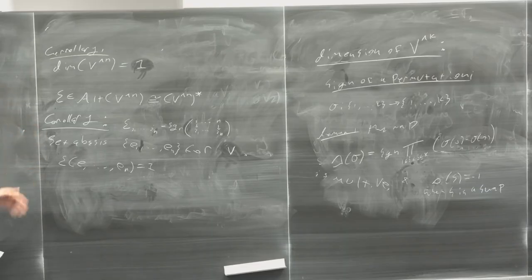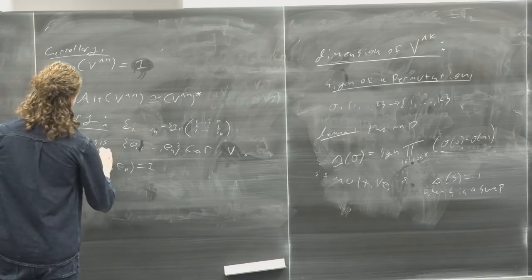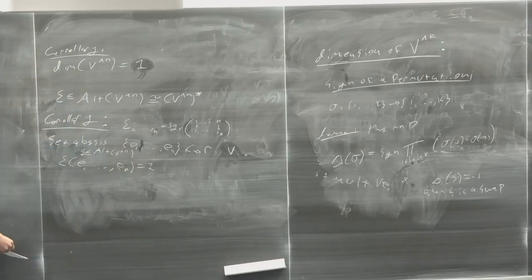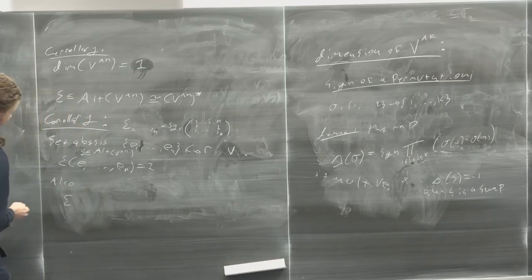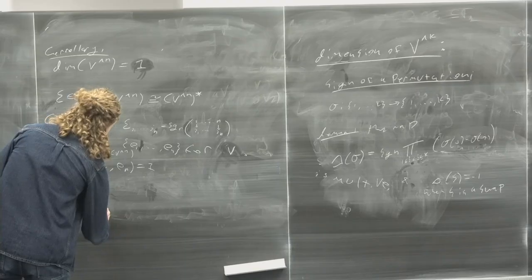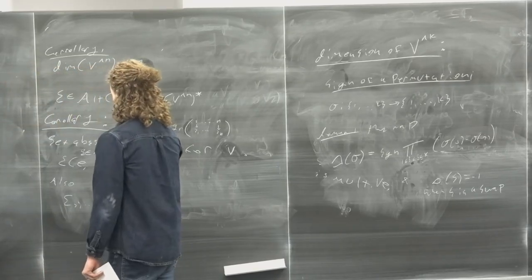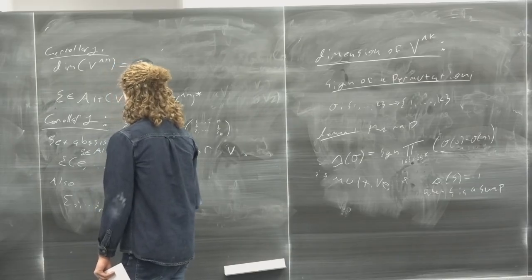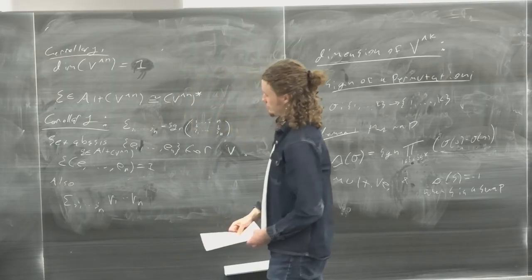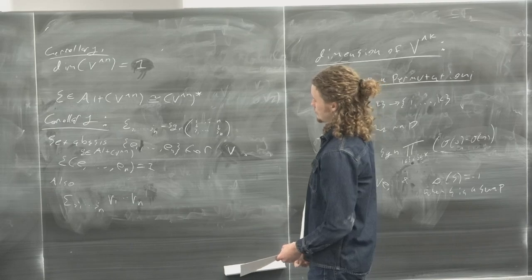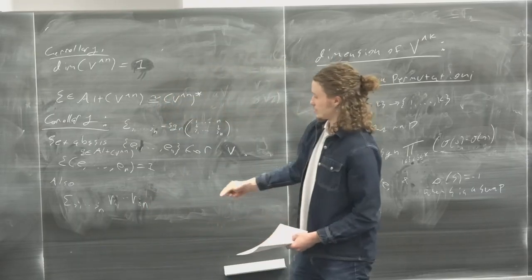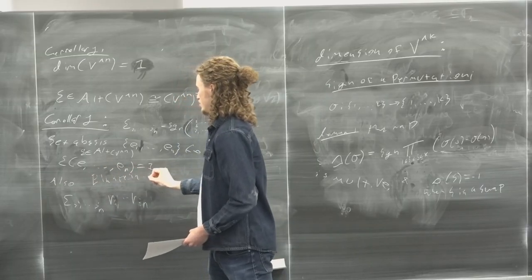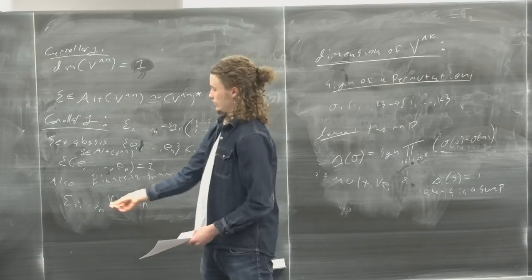And that defines the whole thing, because I took epsilon to be in alt of v wedge n. I'm just going to write down a map, epsilon of v1 up to vn, using the Einstein notation, summing over these indices.